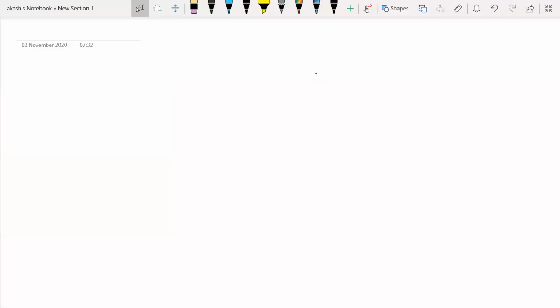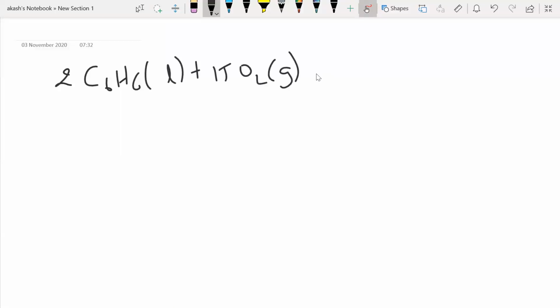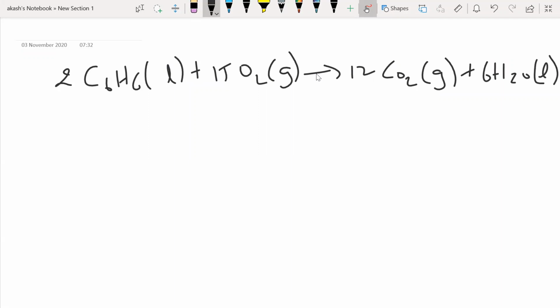They have given me this reaction: 2C6H6 liquid plus 15 O2 gas gives 12 CO2 gas plus 6 H2O liquid. Okay, now this equation is given to you.